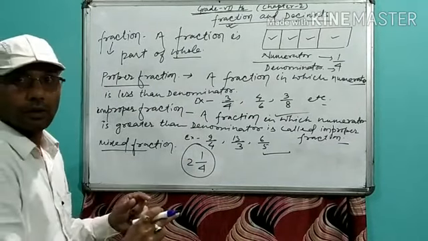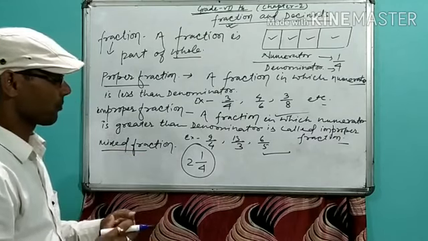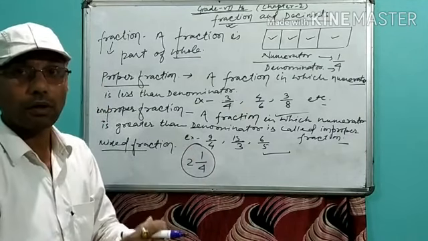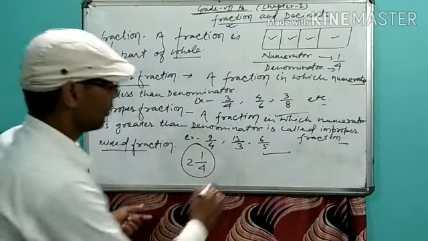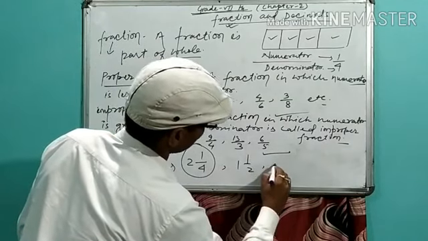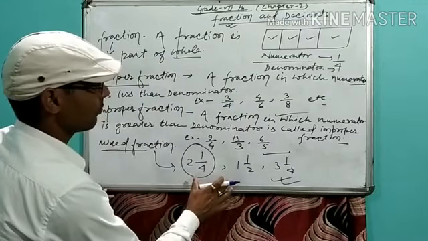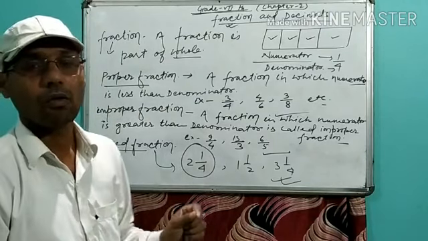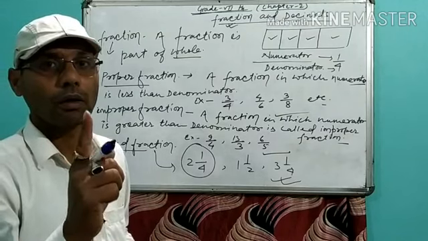A mixed fraction is one in which a whole number and a proper fraction are combined together, like 1 integer 1 by 2, 3 integer 1 by 4. These are examples of mixed fraction.